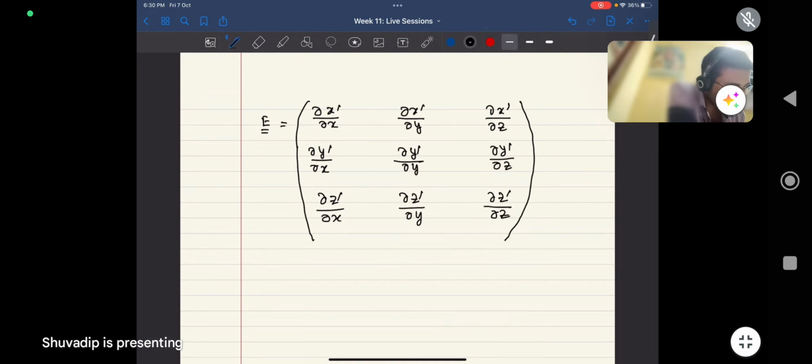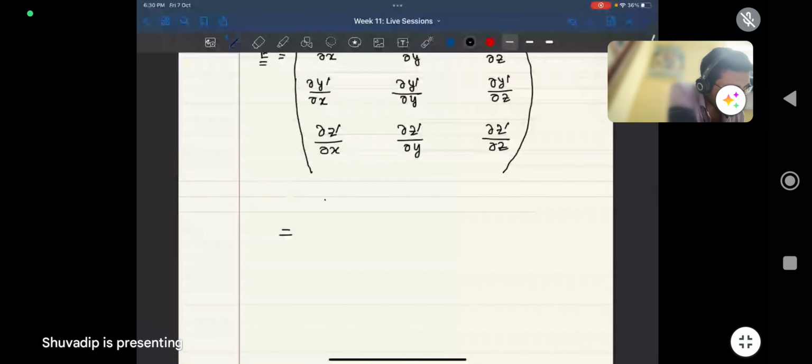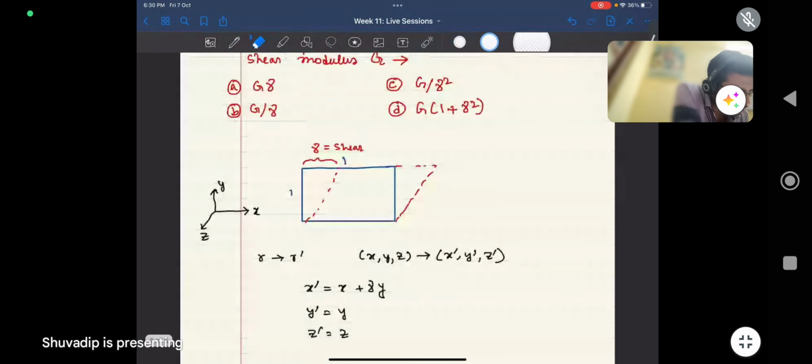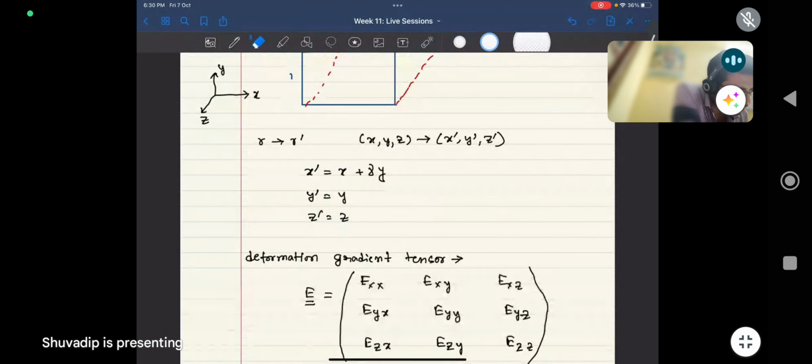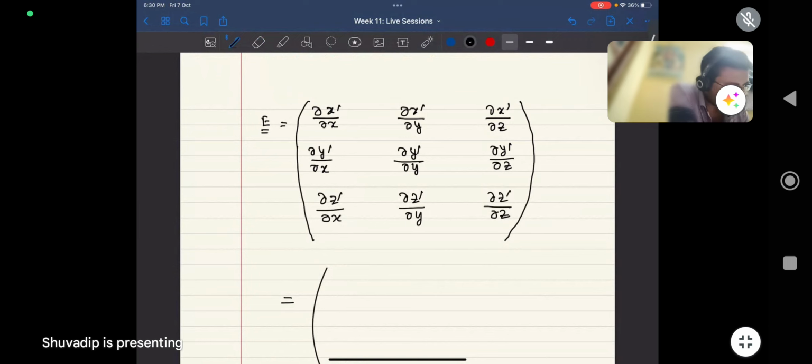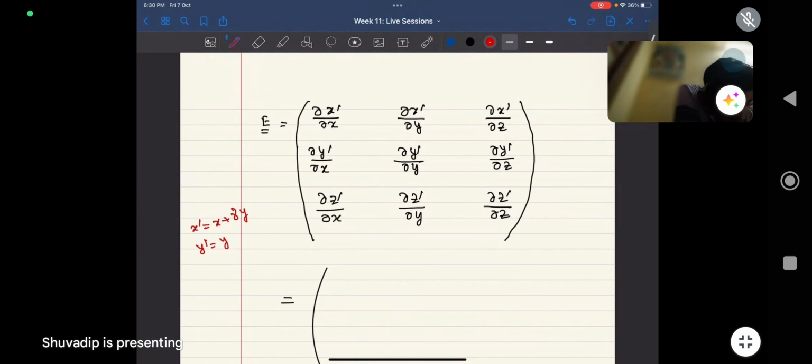Now if you write the terms, we know the relation between x prime, y prime and z prime. Let me write down the relations once more here. x prime is x plus gamma y, y prime is y, and z prime is z.